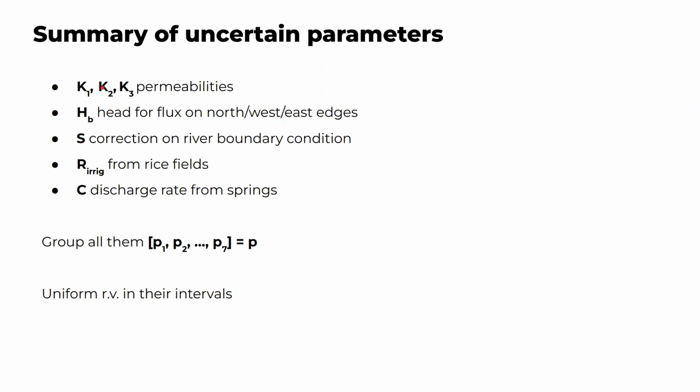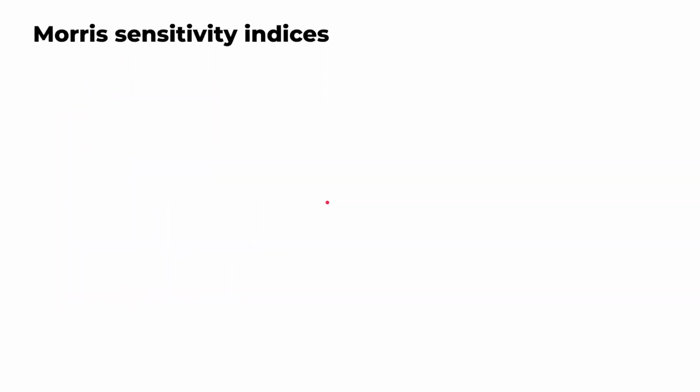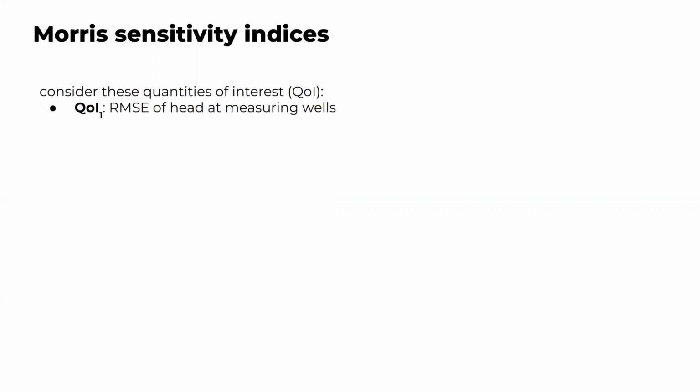We do sensitivity analysis on these 7 parameters to see which ones are actually relevant and which ones are not. So we do Morris sensitivity analysis. To do that, we consider a few quantities of interest, not just one.